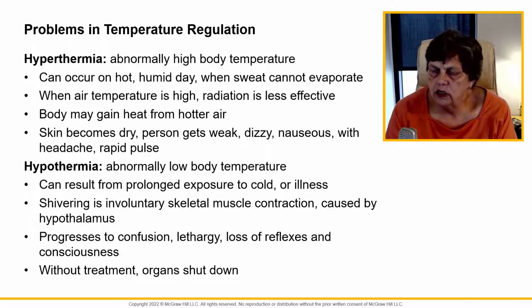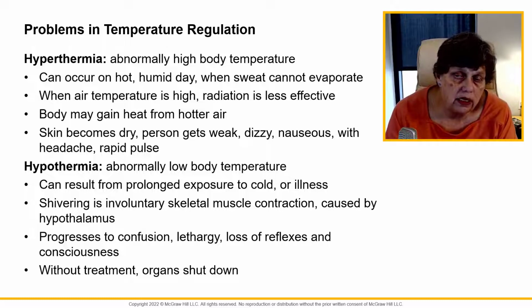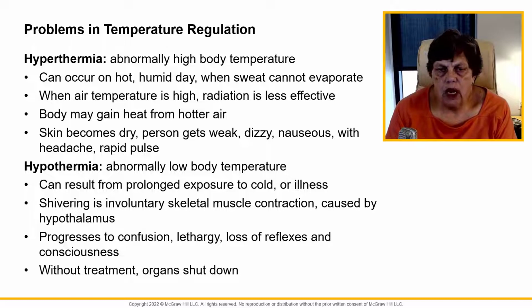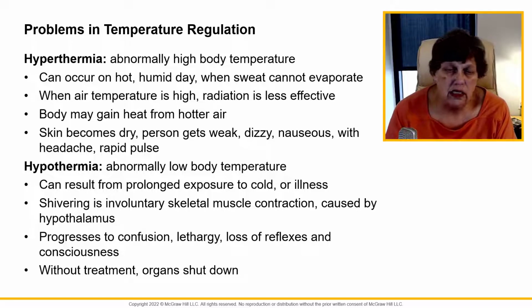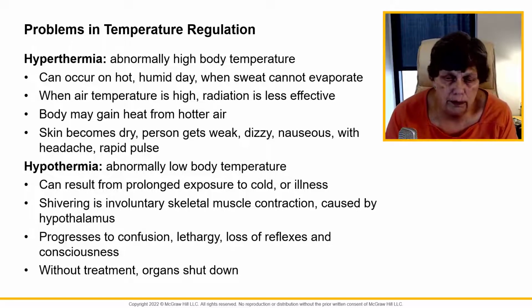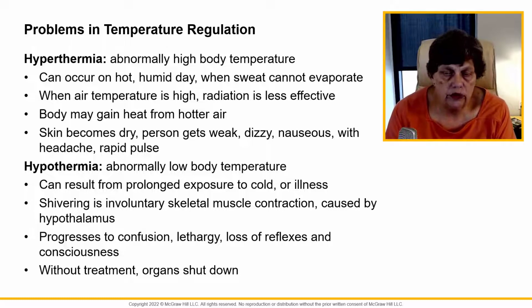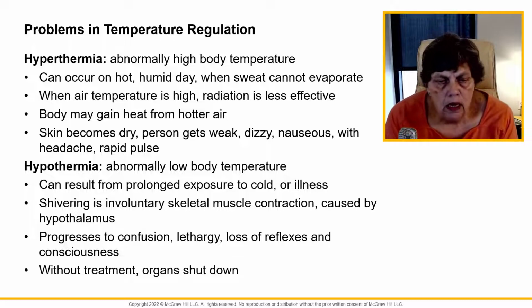As I talked about, the humidity is too high and you just can't evaporate. And if you can't evaporate that sweat, you can't cool the temperature. The body can gain heat from the hotter air, and the person becomes weak and dizzy and nauseous with a very rapid pulse, and in heat exhaustion, very weak. Heat stroke can be very serious.